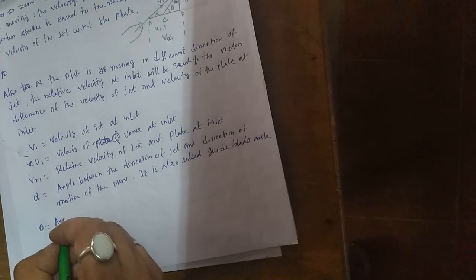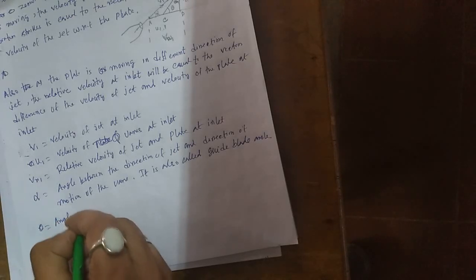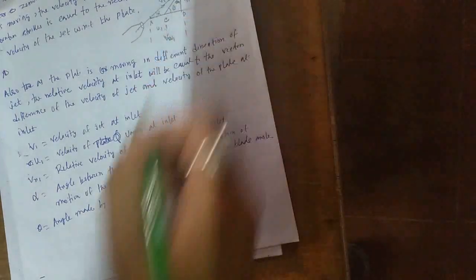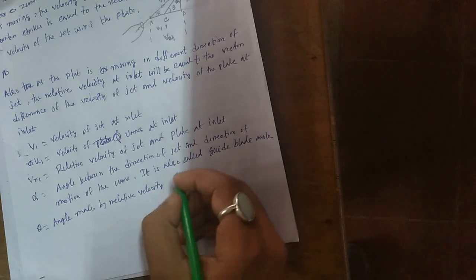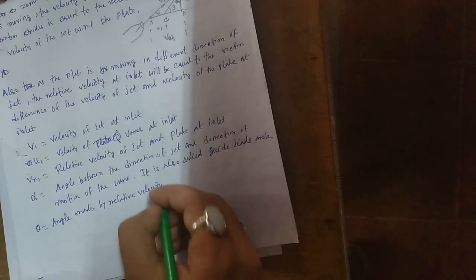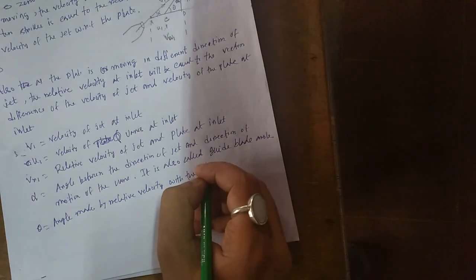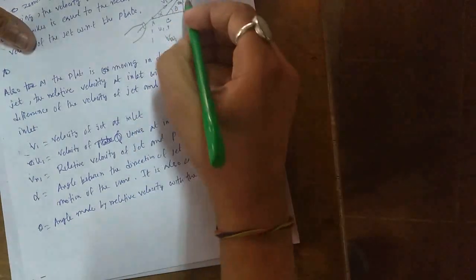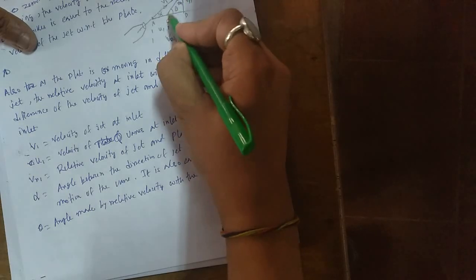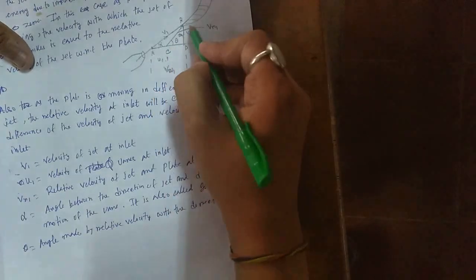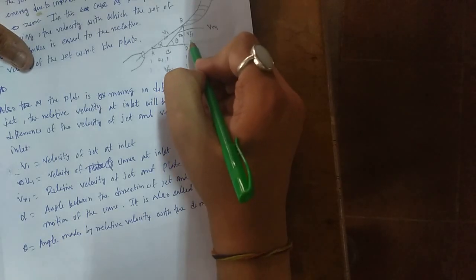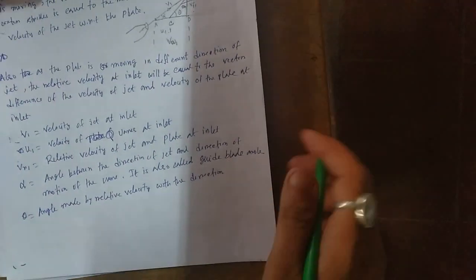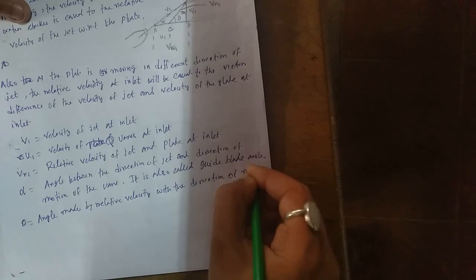So theta is the angle made by the relative velocity with the direction of motion.